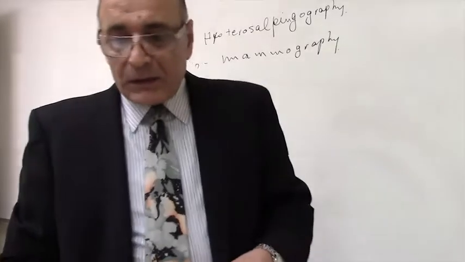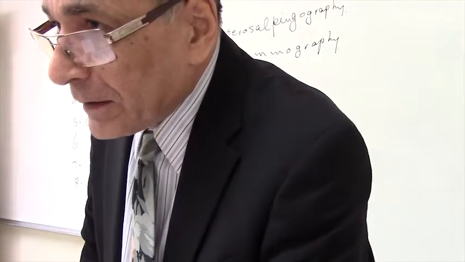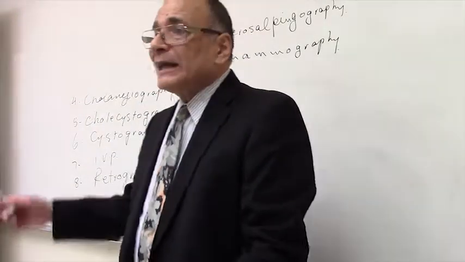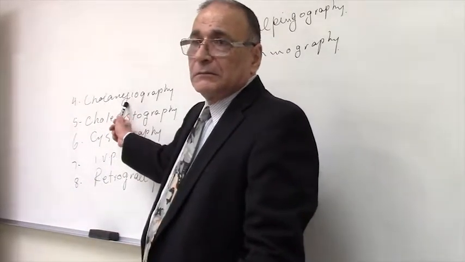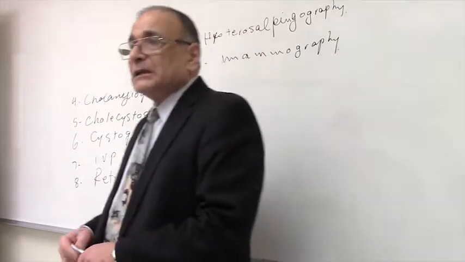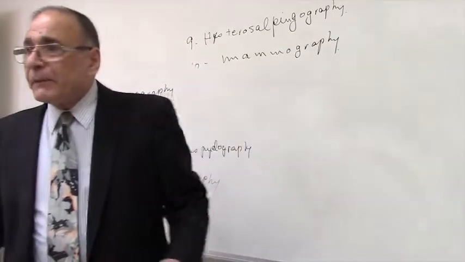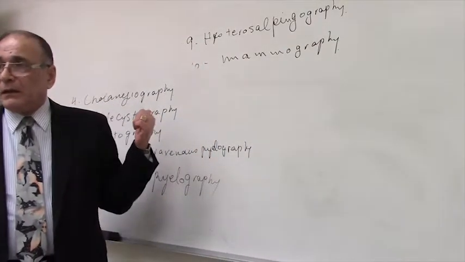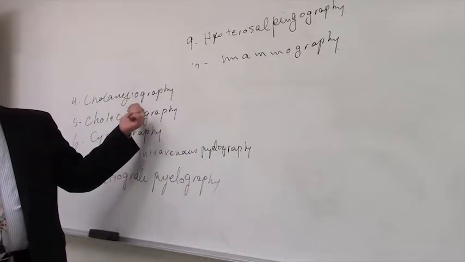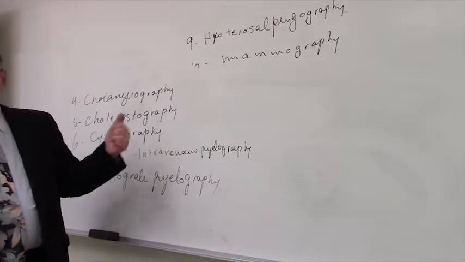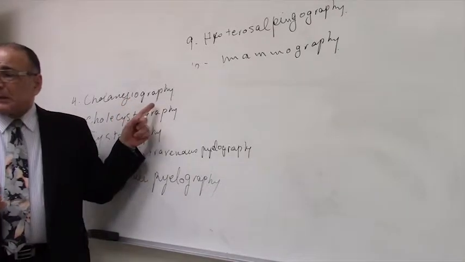Cholangiography. Same. Remember angiography? This is called angiography. Angio again here, angiography. But it has a prefix called chole. What does chole mean? Chole means liver. So what does that mean?